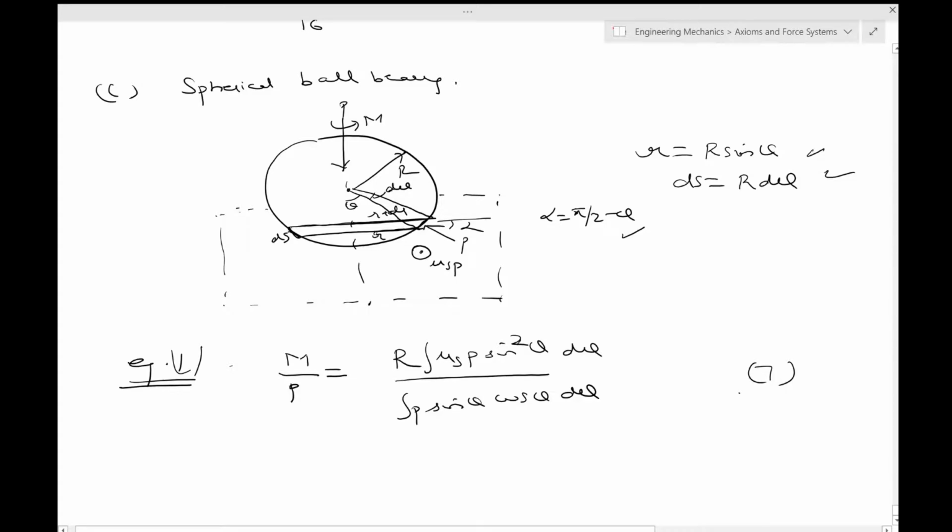Now let me draw another angle over here, okay? This is body 2, so this angle is beta, okay?